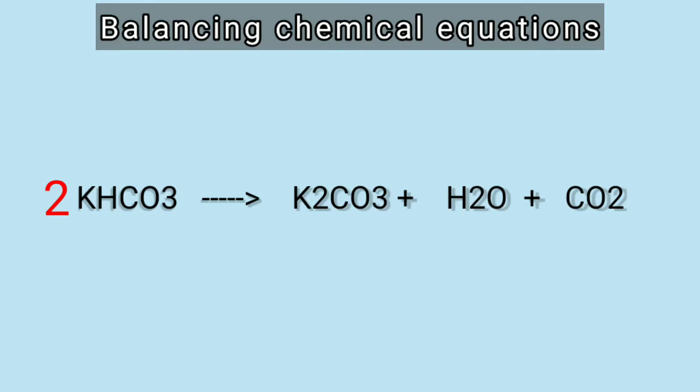Now look at CO3. 1 CO3 is taken up by potassium carbonate and 1 CO3 is given out as carbon dioxide plus 1 oxygen is given to water. So 2 CO3 are balanced. Now let us look at hydrogen atoms. We have 2 hydrogen atoms on either side of the equation. So our equation is now balanced.